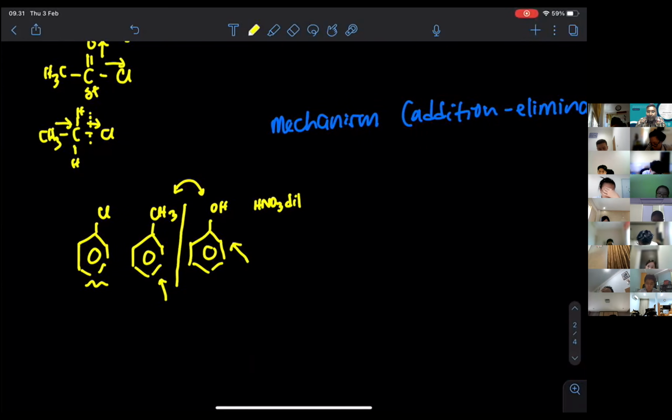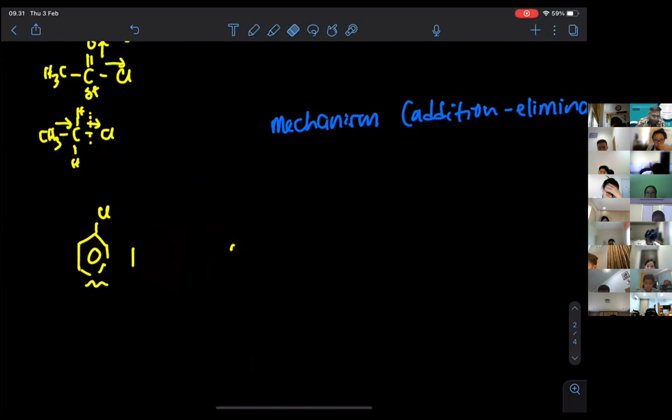Under dilute condition at room temperature, they can still react. The reaction with Br2 can also happen without the presence of AlBr3. So all these are going to be special for this compound. This one we leave over here, as that is going to be a different mechanism.